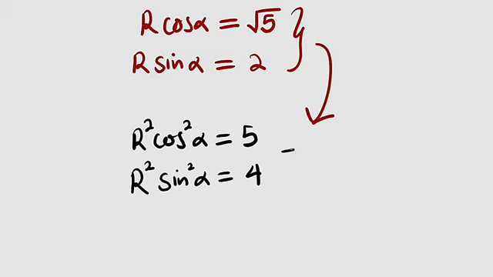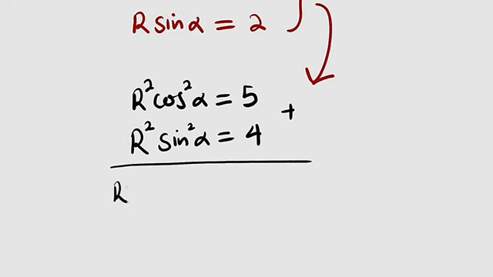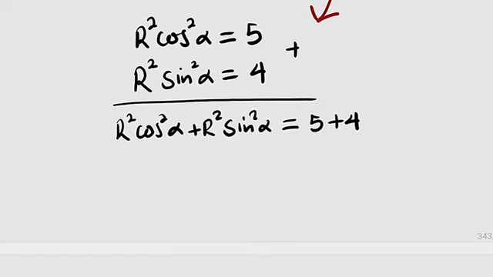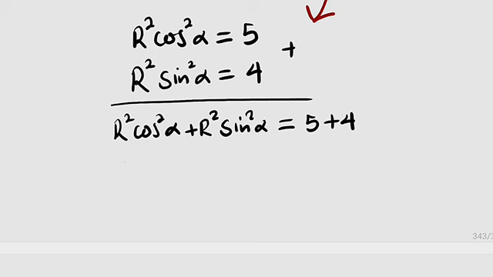Now let us add these two equations together. You have r squared cos squared alpha plus r squared sine squared alpha, and to the right hand side we have 5 plus 4. To the left hand side, r squared is common, so you bring it out.